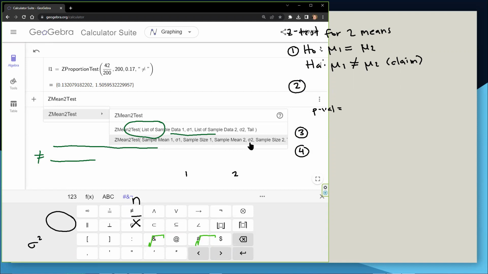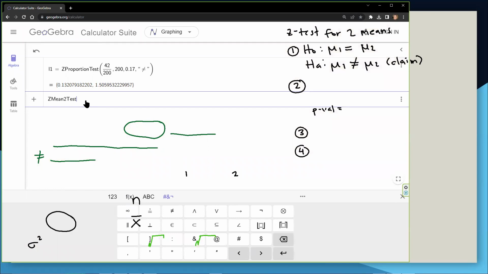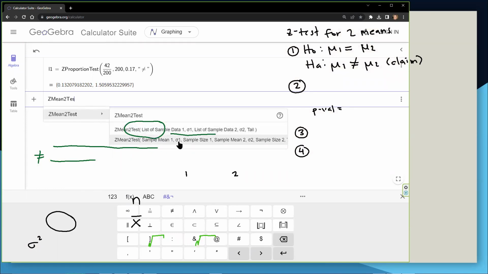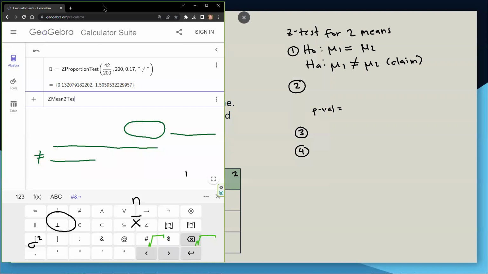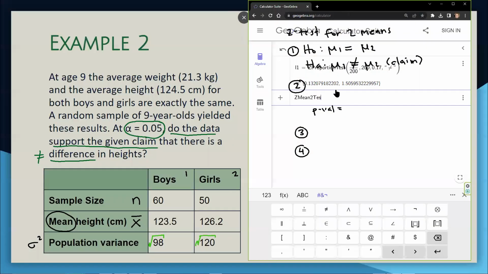And then I'm pretty sure it wants the tail. If you can get this to scroll sideways, we will take a look. Come on. Nope, not going to cooperate. Still not. Yeah, tail. There we go. Okay, so let's go ahead and run that. I'm going to scoot this way so we can see that sample information.